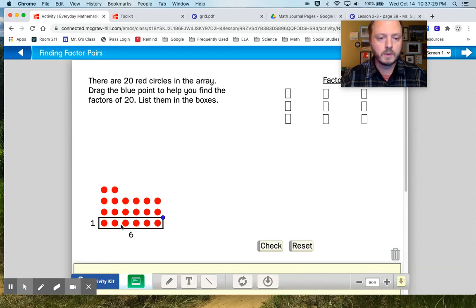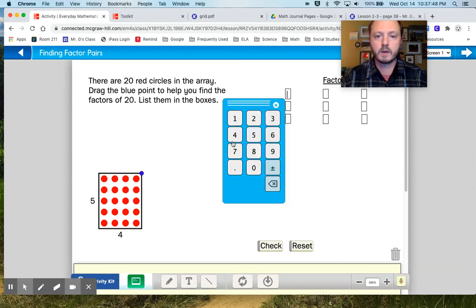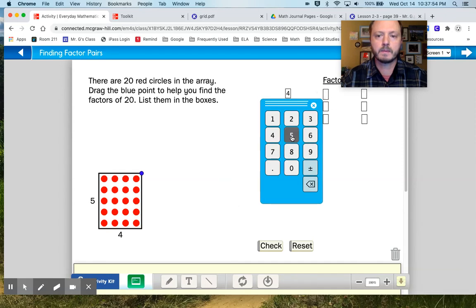All right. So right now we have 20 dots, but are they in a rectangle? They're not. So we're going to need to rearrange them. And look how we can kind of rearrange them like this. Right? So we have a 4 and a 5. Okay, so if I click in these little boxes, we can say 4, 5.